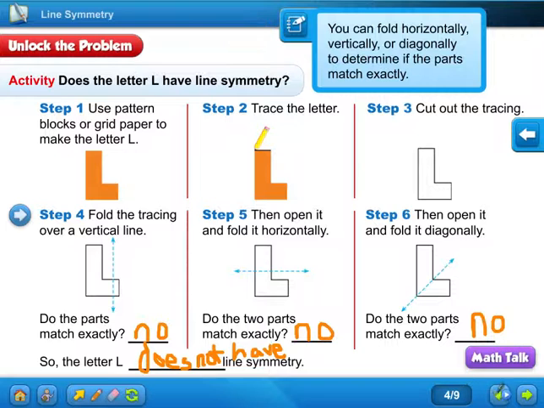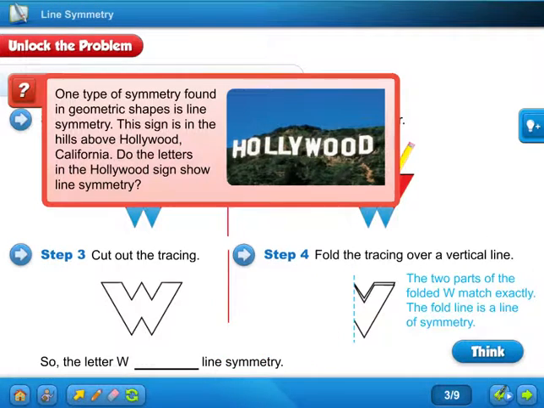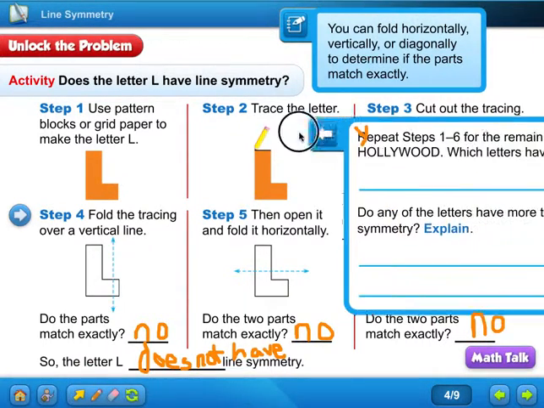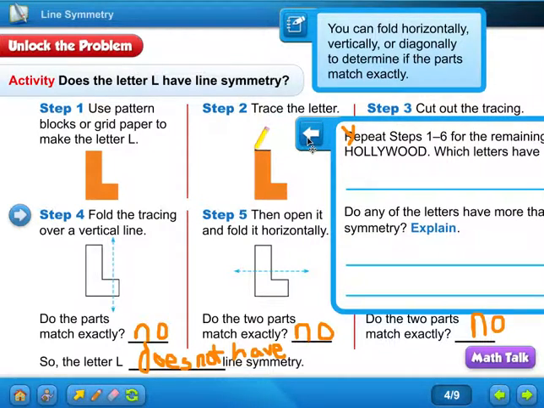So L doesn't, but this one, the W has. I did not write that in there, but we did talk about that. So let me write that in there. Does have. So both L's would be no, but the W would be yes.